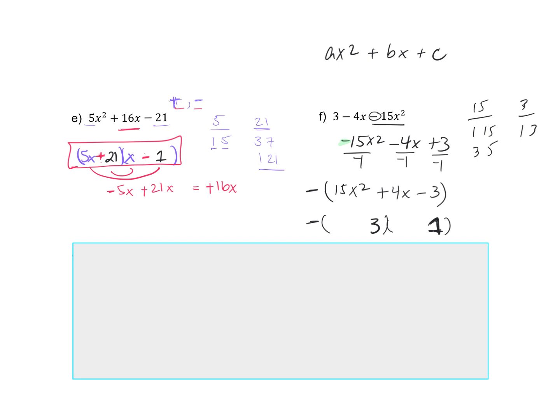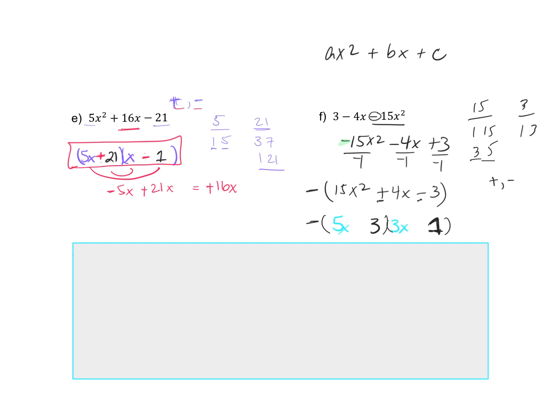Now I just have to figure out the first terms of each and the signs. Since I have a plus and a minus in there, the signs are opposite. Doesn't matter which order it's in. If you choose 3 and 5, we can choose this one because it's closest. I can't put the 3 first in the first term, so I'm going to do 5x first, and then put the 3x here.